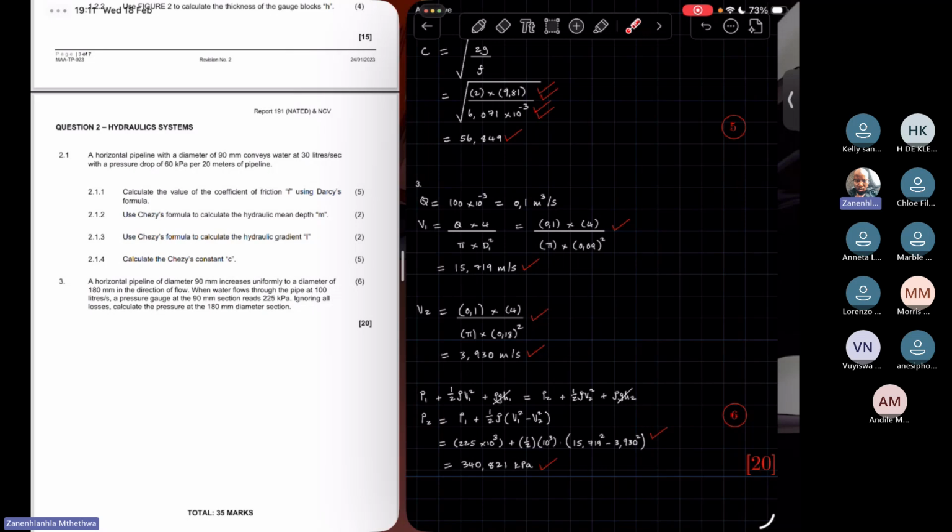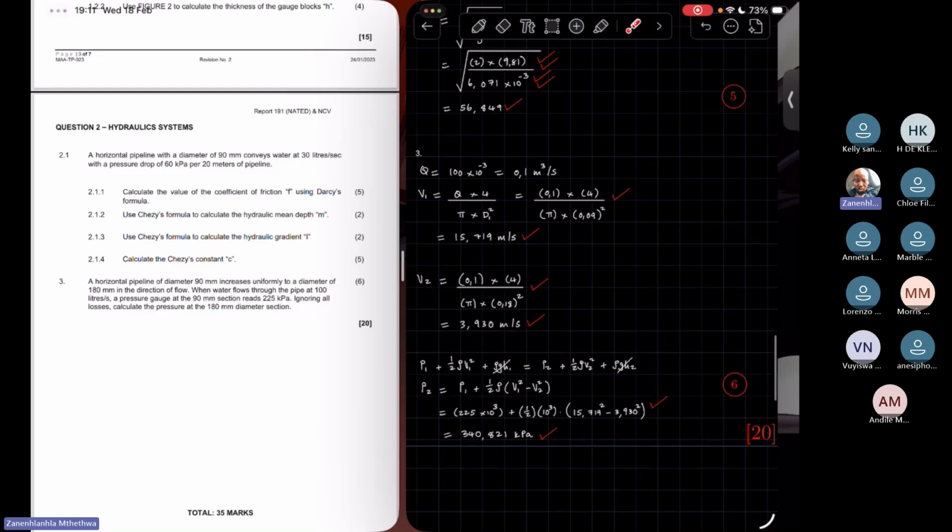Right? And they say pressure gauge at the 90. So essentially P1 is 225 kilopascals. And they say to ignore all losses, calculate the pressure at the 180 millimeter diameter section. So they want us to calculate P2.